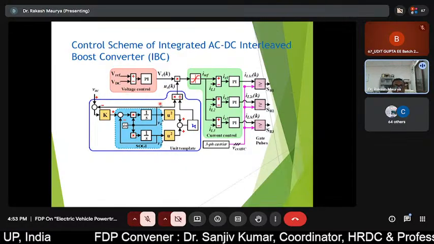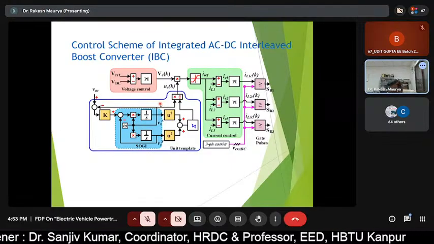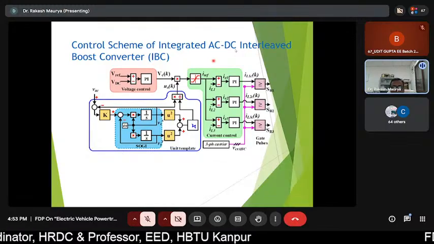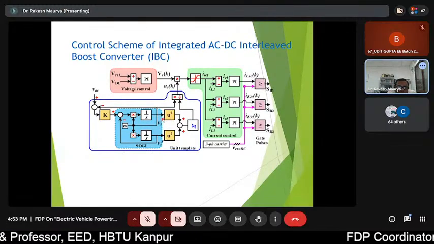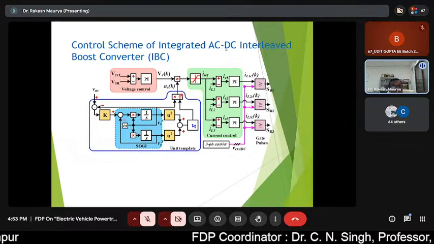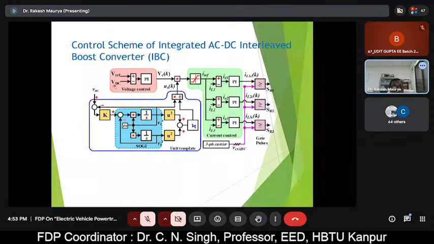But the essence of the control is the same. It is a PFC boost converter. Suppose you want to maintain the DC link constant, so you need to sense the DC link voltage and compare it with the reference voltage.